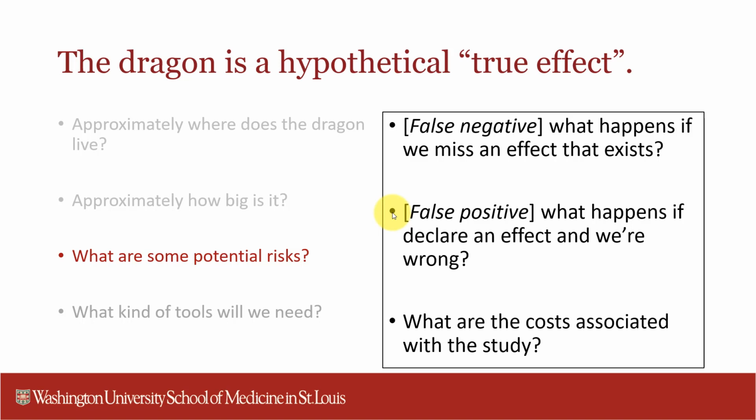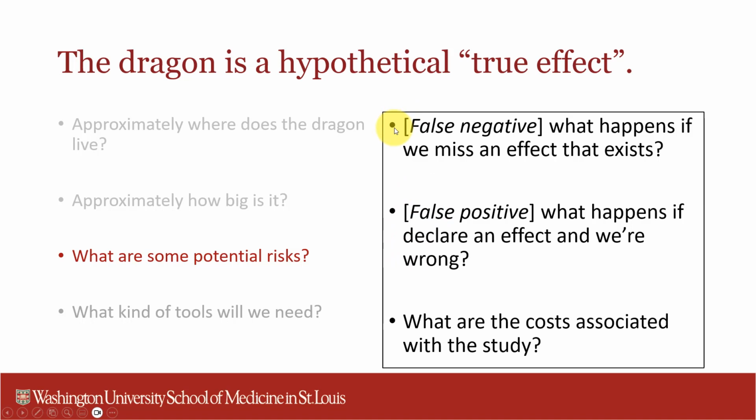And if it's going to be another sample of 100 healthy young undergraduate students, that's a bummer. No one wants to waste their time, but there's not a lot of money or resources wasted on a false positive at that stage. So in early stage investigation, you might tip the scales a little bit more toward worrying about missing an effect that exists than you are worried about the cost of a false positive.